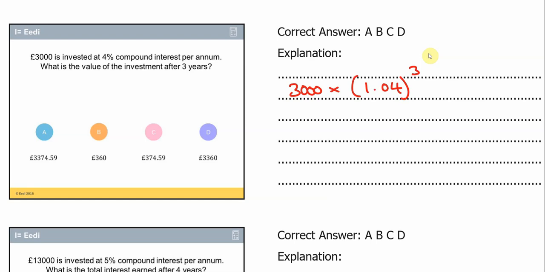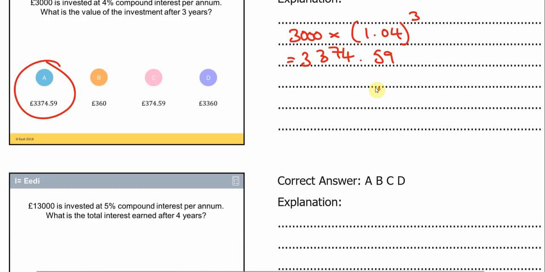So I'm going to do that in my calculator. Typed it all in terribly, but fixed it now. Okay, and that's getting me £3,374.59. So there we go. Part A is our correct answer there.